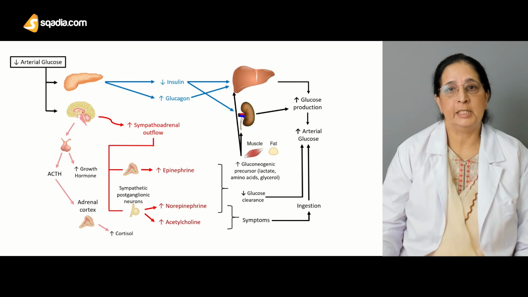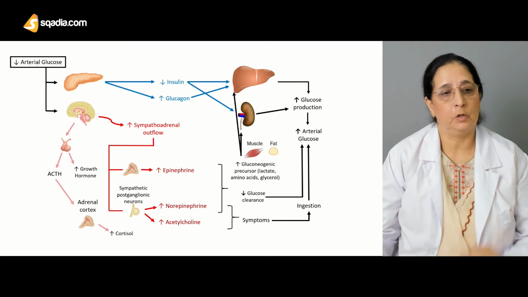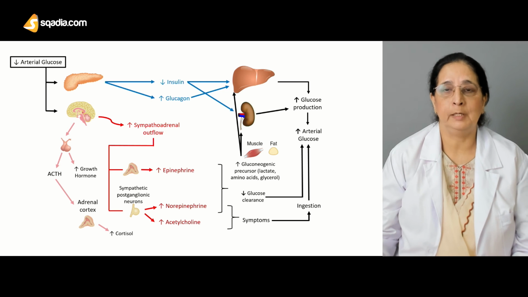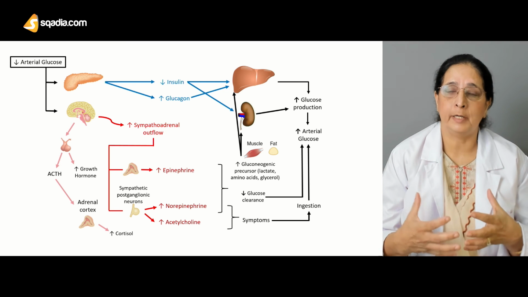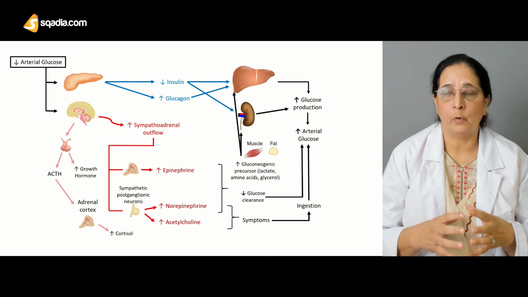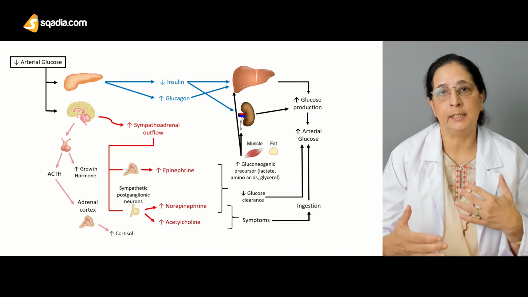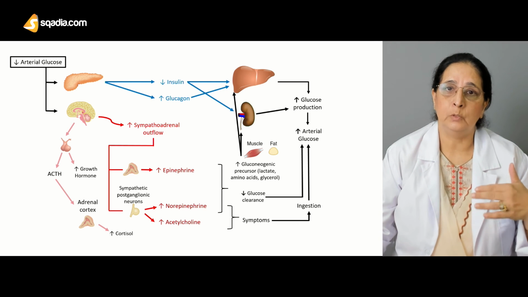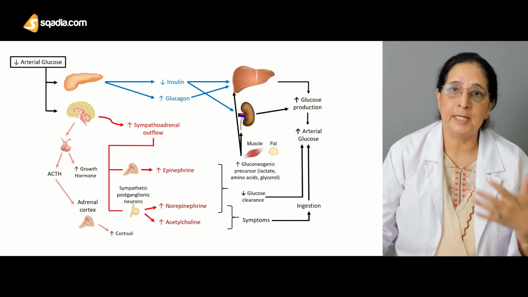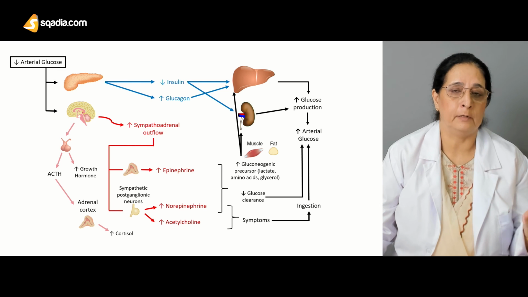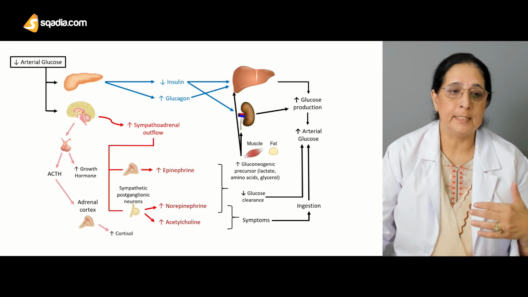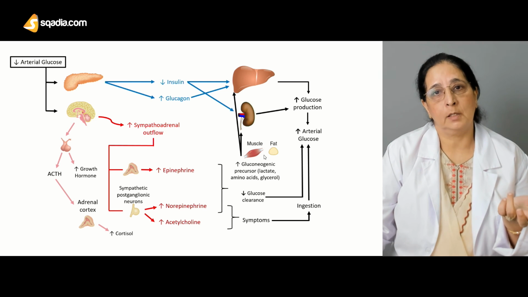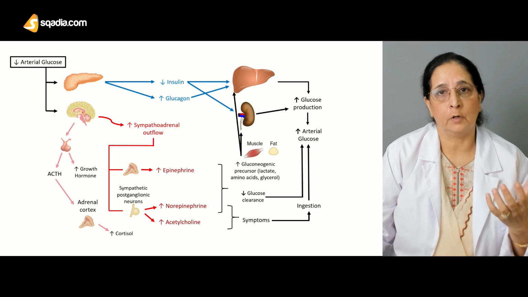So now if I just summarize the pathophysiology of hypoglycemia, or how our body maintains the homeostasis to bring the blood glucose back to normal. Once the level of glucose is decreased in the blood, two main organs play an important role.